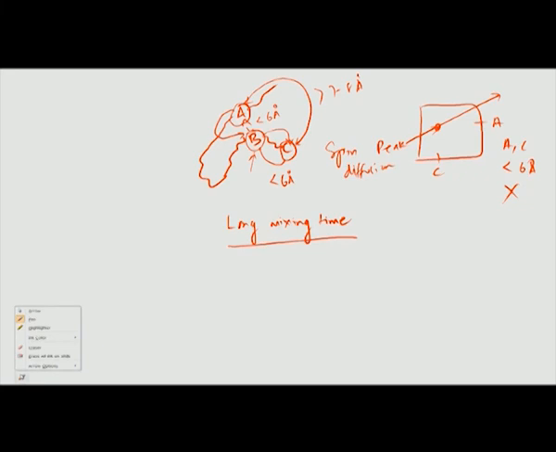So, this is the problem in NOESY. If you use too long a mixing time, it will cause a wrong cross peak between A and C, which you do not expect to see, because A to C is a long distance. It is coming because I used such a long mixing time that the polarization jumped from here to here, then from here to here. So, it looked as if it is coming directly from A, but that is not really the case.